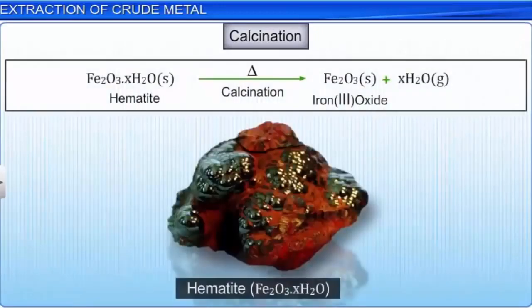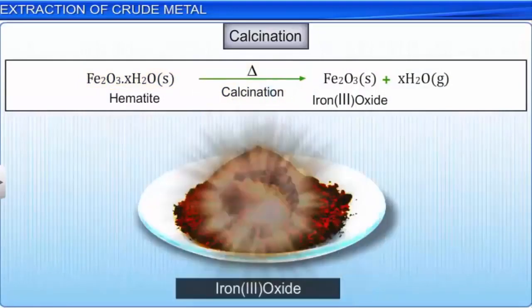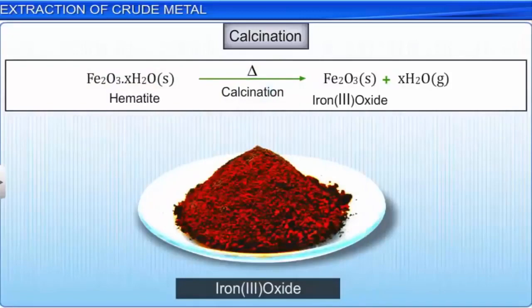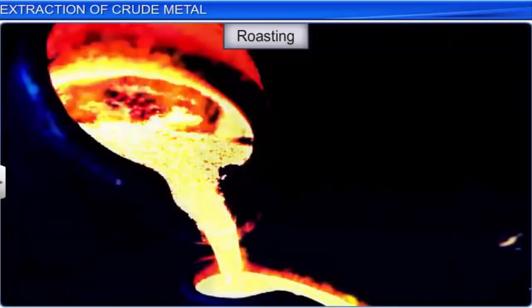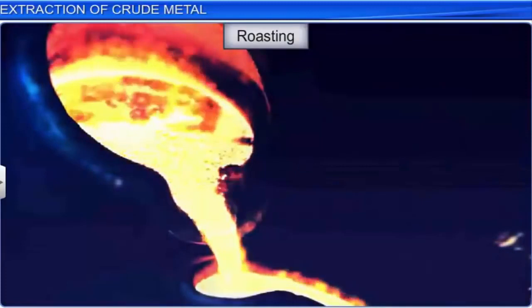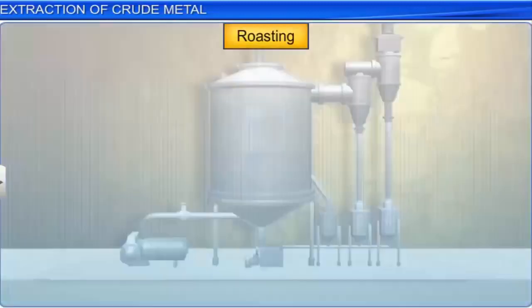On the other hand, when hematite is calcined, it loses its water of crystallization, as shown here.